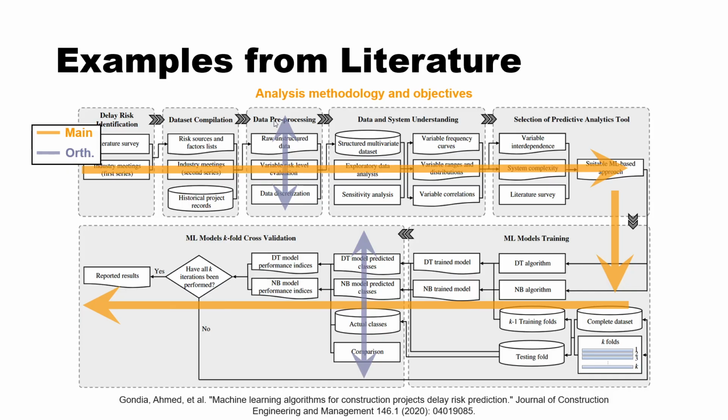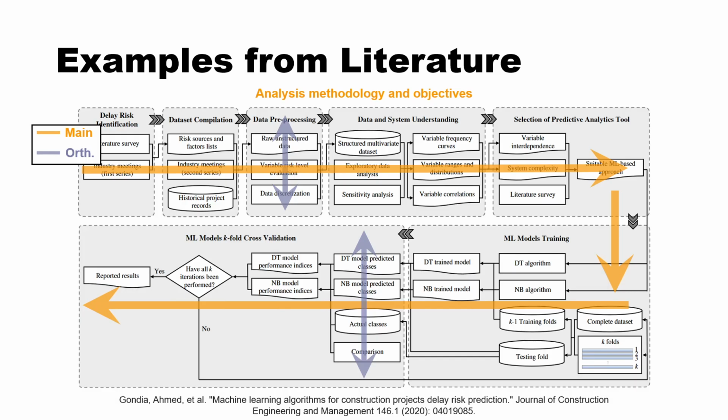Because now I know it's easy for this graph, for example, because it's using visual contrast in a way, because I have delay risk identification, for example, as the title for this block, and under that I have these different blocks, many subtopics or sub-processes that I do under delay risk identification, and then I go to the next stage, and then the next sub-stage, and so on and so forth. So I can read this graph in two zoom modes.